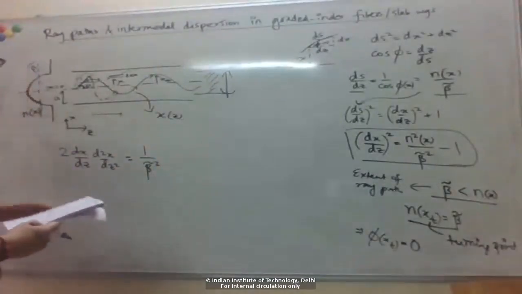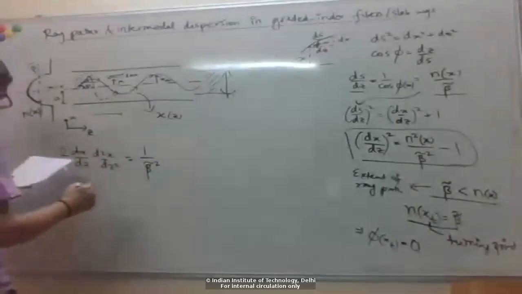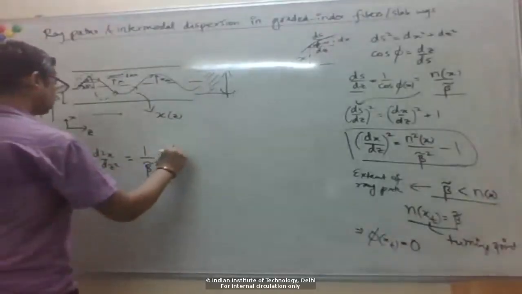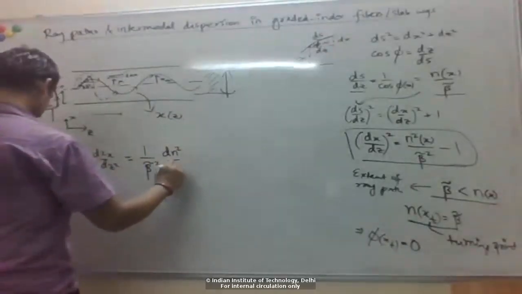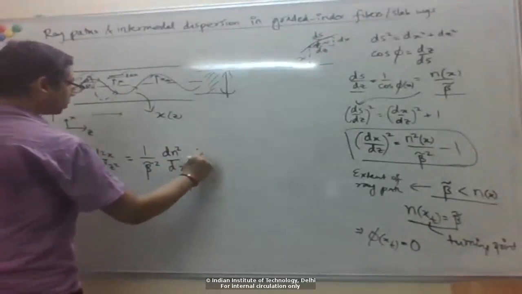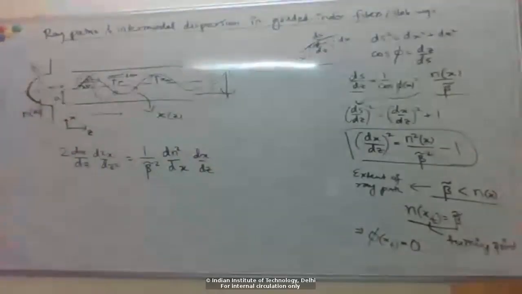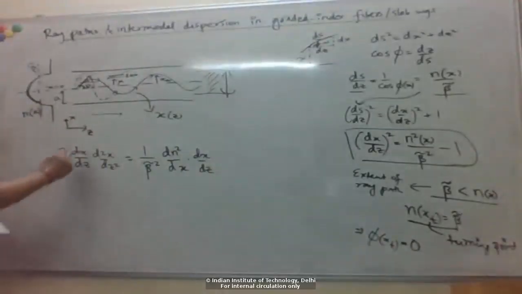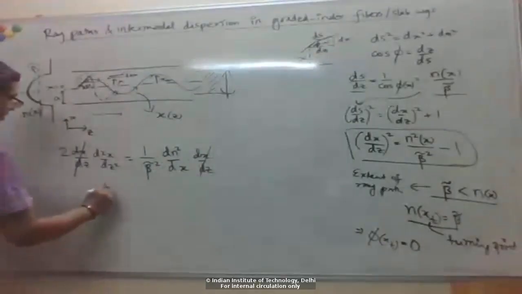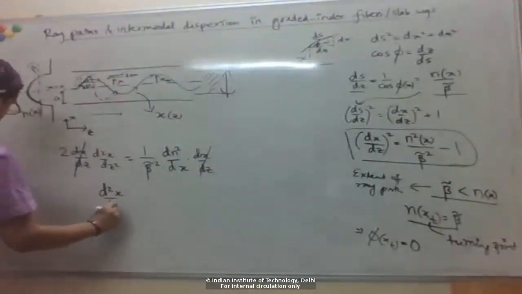On the right hand side, this beta is a constant. Right, so then dx by dz gets cancelled from both sides. And we end up with a second order differential equation here.